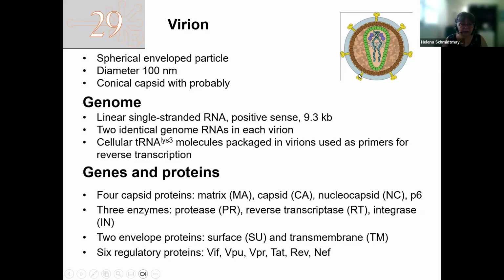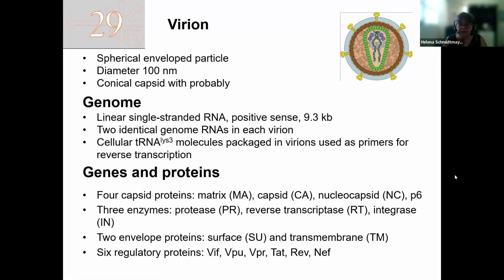packages two RNAs. And as a primer for reverse transcription, it packages tRNA for lysine. Each retrovirus packages a particular tRNA, which it uses as a primer for reverse transcription. Genes: it contains the typical gag, pol, and env genes.